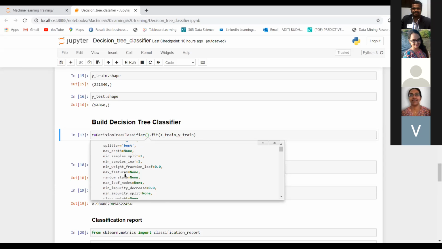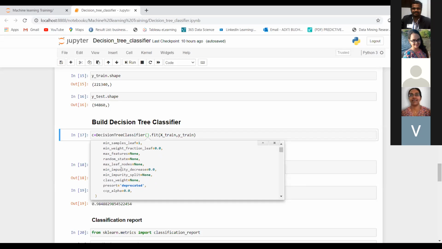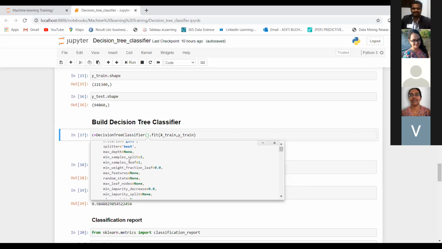Hyperparameter tuning is nothing but determining the correct or suitable value for your parameter that you should use in order to get the maximum accuracy. Correct. So all of these are the features of the decision tree that you can specify.